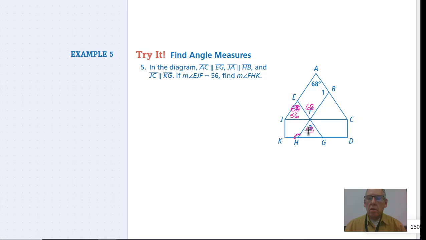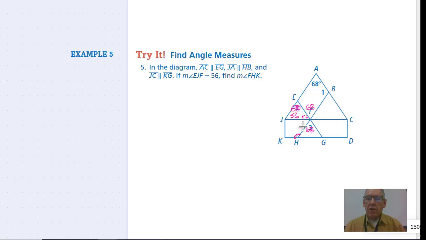Well, let's see, 68 and 68. Okay, 68 and 56 is 124. 124 from 180 gives us 56 degrees for this angle here.